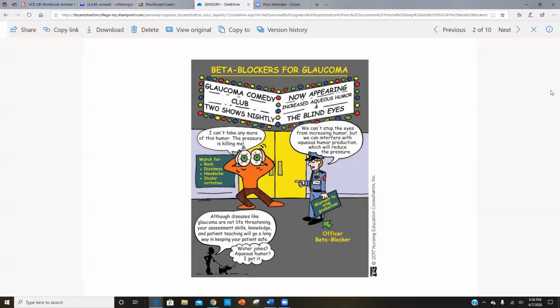Another class of medications are the prostaglandin analogs. These medications serve to reduce the intraocular pressure by increasing aqueous humor outflow through the relaxation of the ciliary muscle.